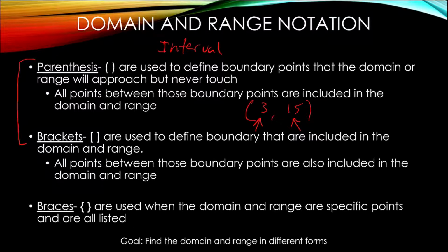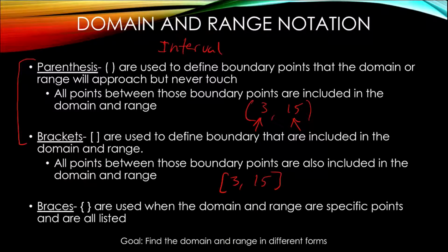At those boundary points, it's going to get really, really close to those points, but it's never going to touch those points. So 3 does not exist. We don't have an input value for 3. We won't get anything out. Same thing for 15. Where brackets, the exact same thing happens, but if I have a 3 and I have a 15, I can now have points that equal 3 and points that are 15, whether we're talking about domain and range.